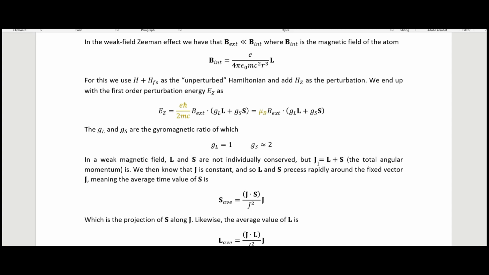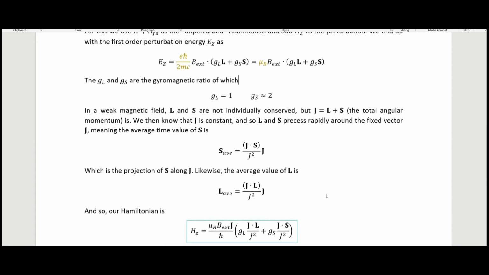But anyway, in a weak magnetic field, the angular momentum L and the spin S are not individually conserved, but J equals L plus S, which is the total angular momentum, is. So J is constant, and L and S precess rapidly around a fixed vector J. For both, we have the S average and the L average.